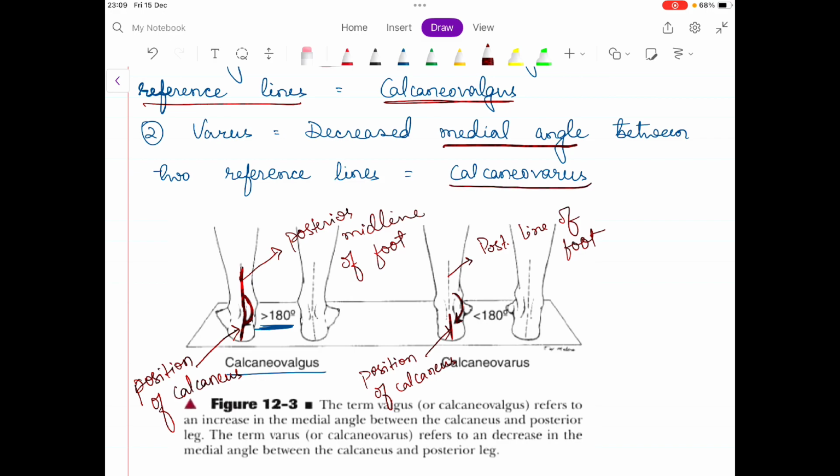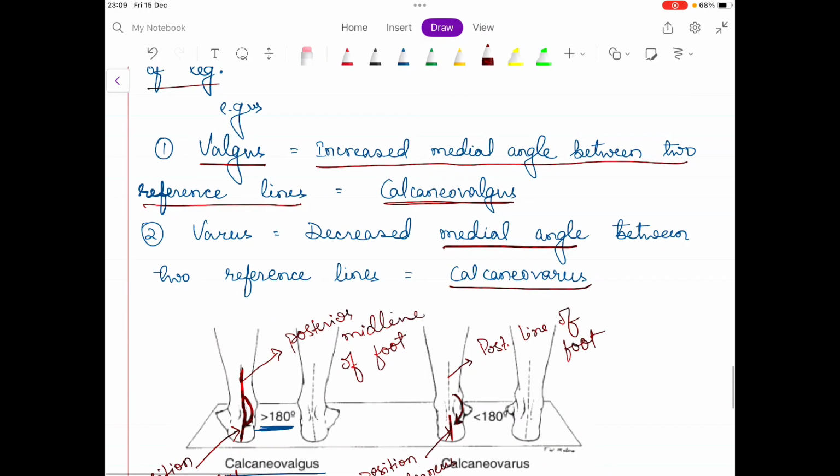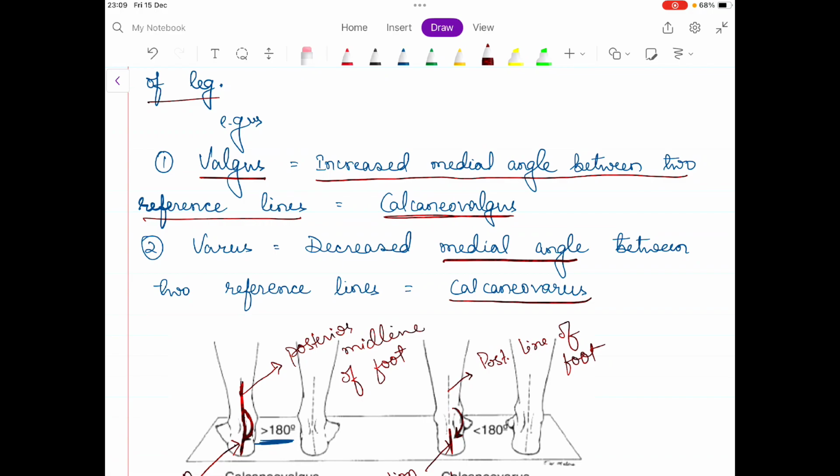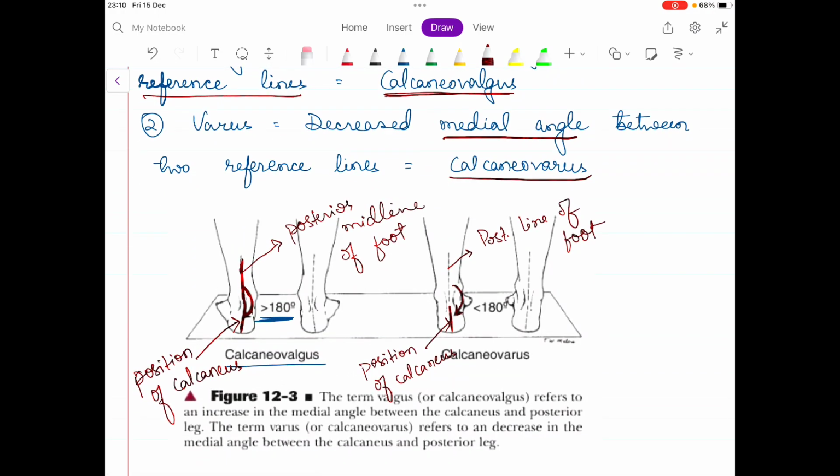Very important point, please note it down in your copy right now, that valgus in the ankle complex is referred to as calcaneovalgus, which means increased medial angle between the two reference lines, and these two reference lines are, the first line is the posterior midline of the foot.